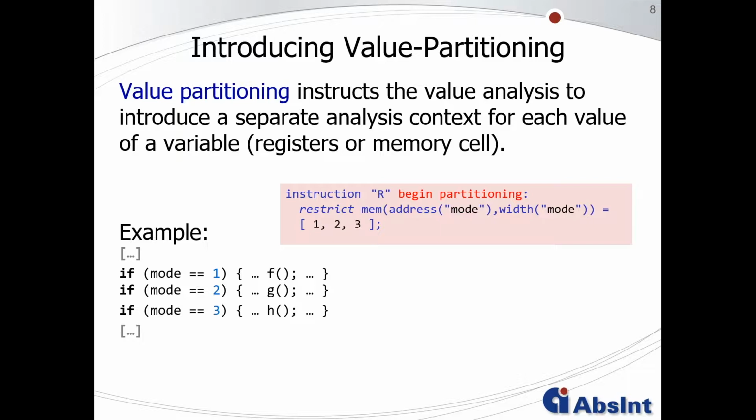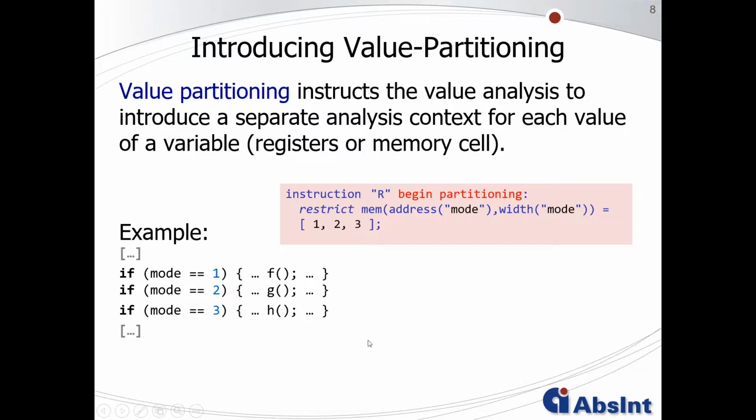So in this small example, we could, for instance, formulate the following value partitioning annotation. We start at some routine point, the partitioning, and say that we would like to restrict the memory content or the values for the variable mode to the 3 values 1, 2, or 3, and no value else.